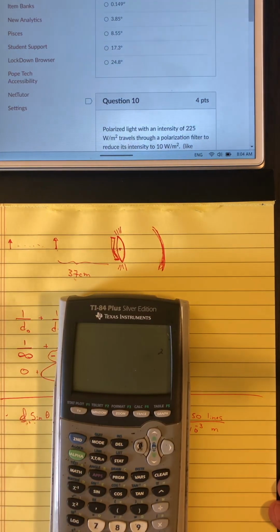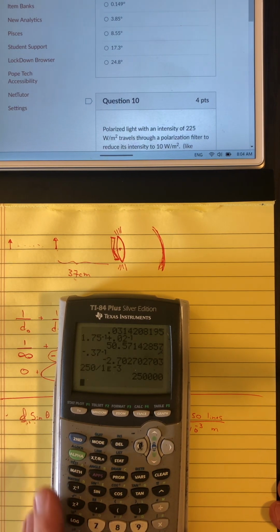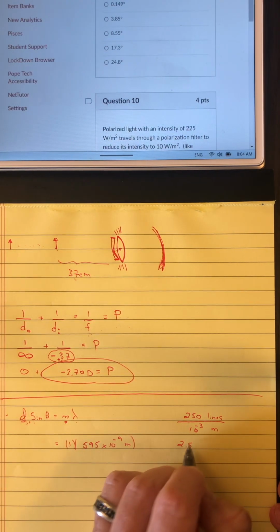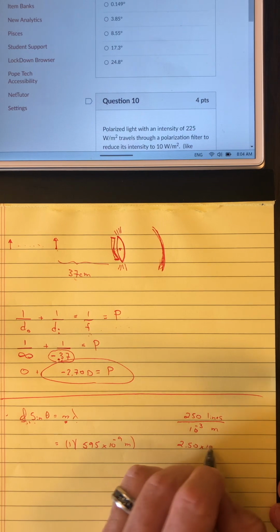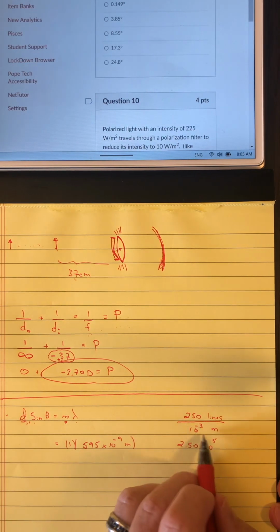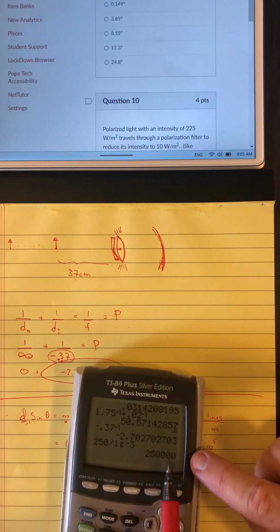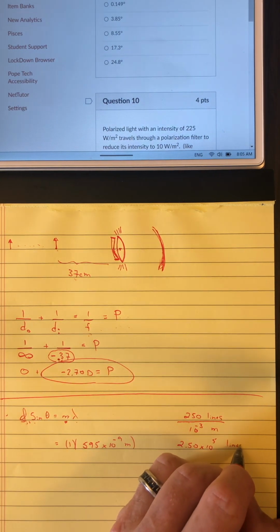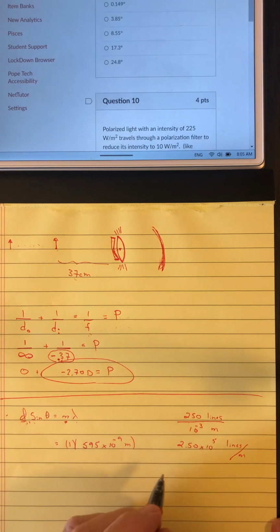So if I just get my calculator out and go 250 and divide it by 10 to the minus 3, we're looking at 2.50 times 10 to the, let's see, that should be 1, 2, 3, 4, 5, lines in 1 meter.